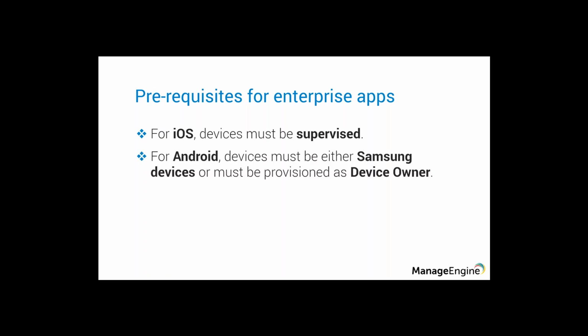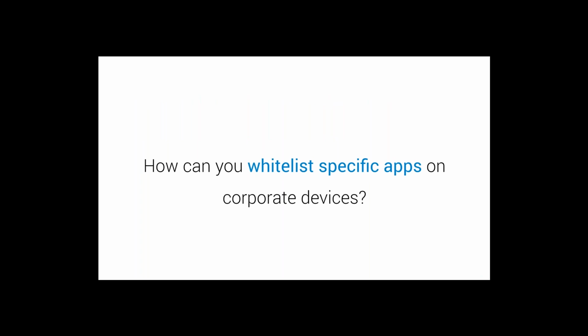Well, MDM has a solution for that, but for this to occur, your iOS devices must be supervised, and your Android devices either have to be Samsung devices or devices that are provisioned as device owner. These terms might seem new to you, but it would be discussed in tomorrow's session.